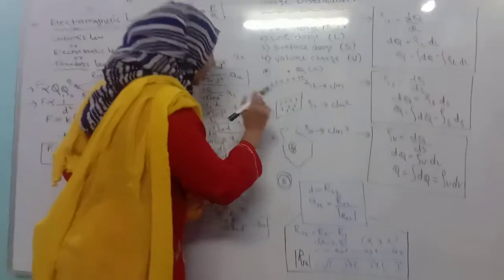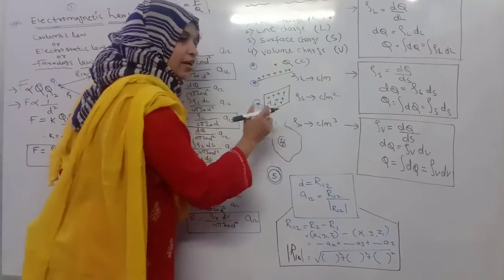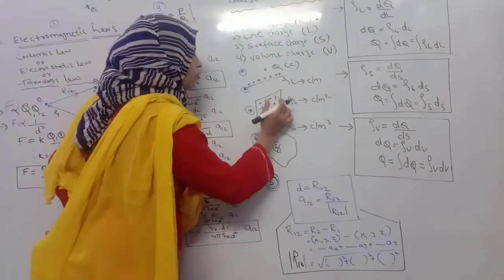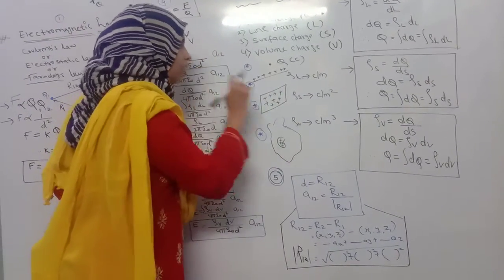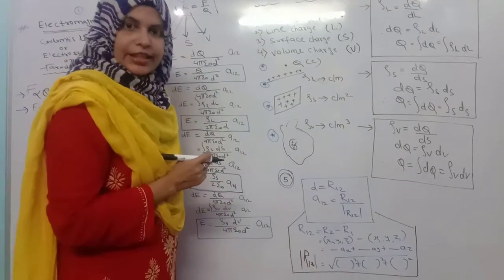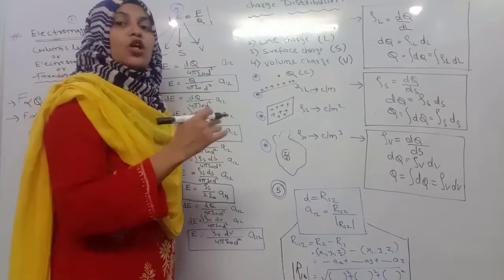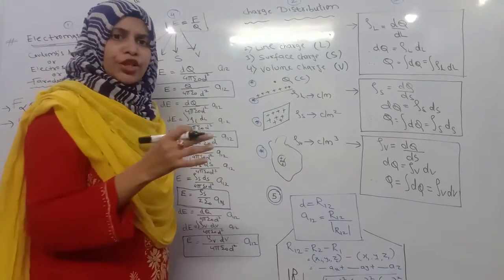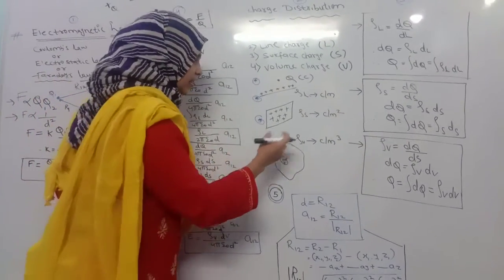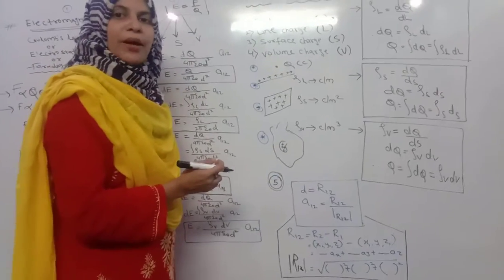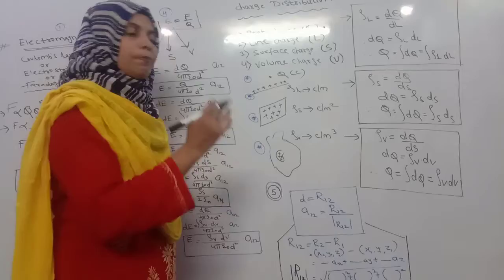If the charges are spread, distributed on a sheet, on a plane, at that time this is nothing but the surface charge density, denoted by rho S and measured in coulombs per meter square. Whereas if your charges are placed in a volume, spherical things, that time you may say volume charge density, denoted by rho V and measured in coulombs per meter cube.